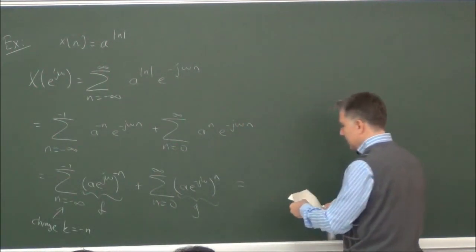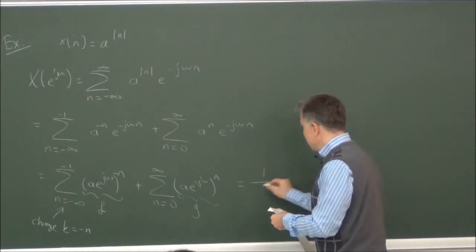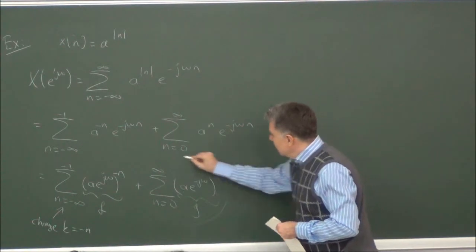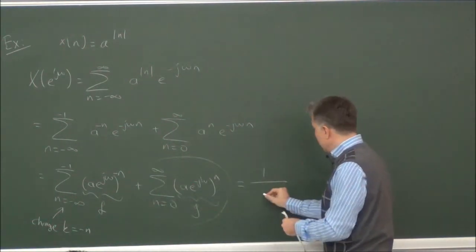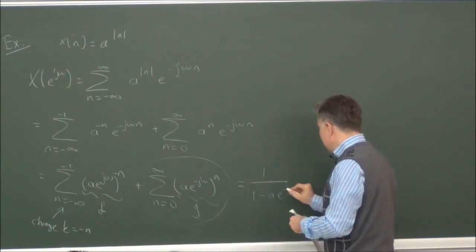And that difference, this one, by the way, is easily 1 over, I'm writing this summation first, 1 over 1 minus a e to the minus j omega.